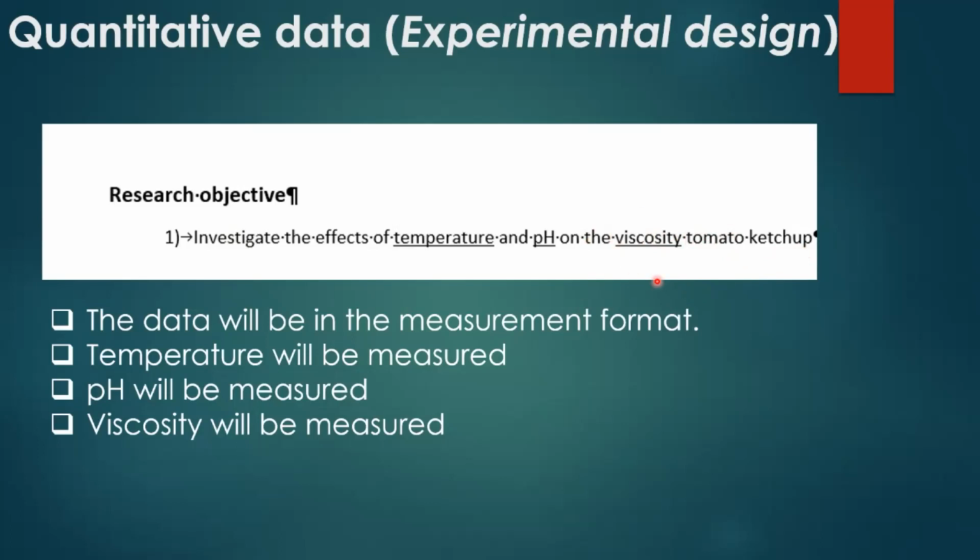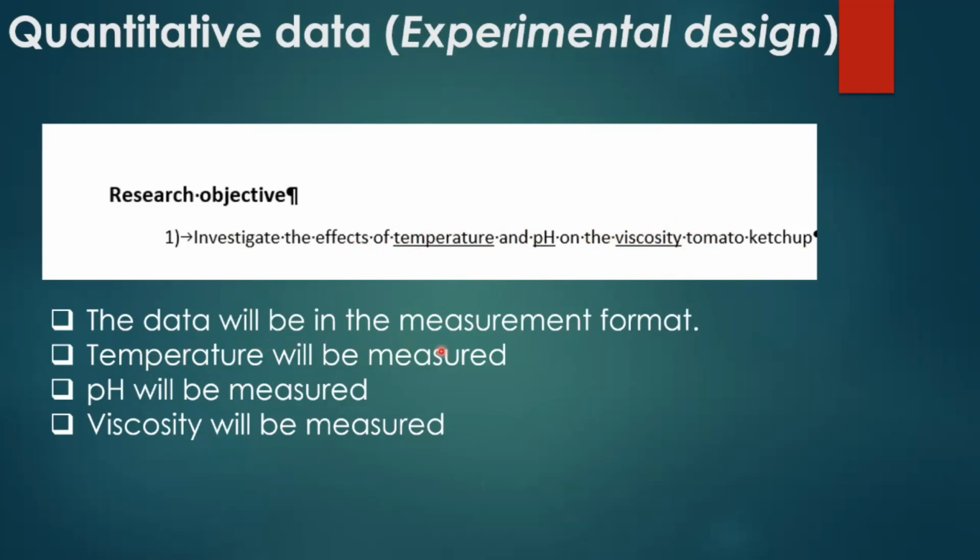Viscosity is the phenomenon that we are investigating, so viscosity will automatically be our dependent variable. We are going to set up different temperature and pH and then measure viscosity.